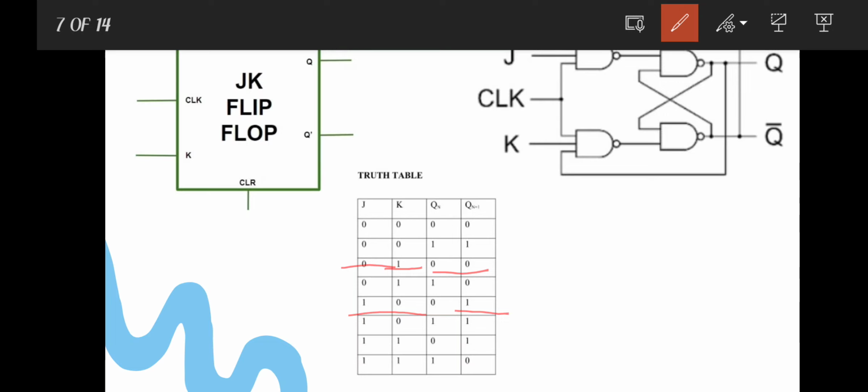Likewise, when both J and K inputs are 1, then the output of the flip-flop will toggle.